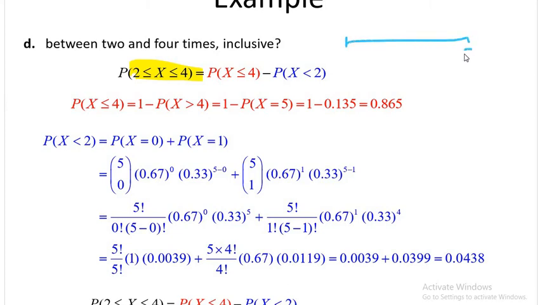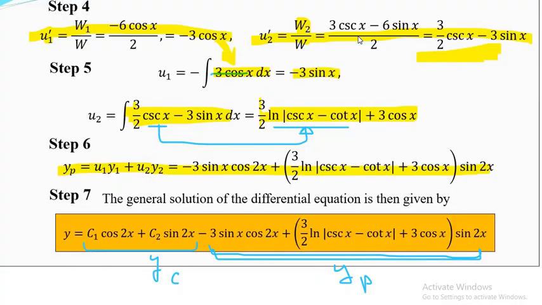So this is your 5 and this is your 0. Now he said between 2 and 4. So instead of doing this one, we calculated the probability from 0 to 4.